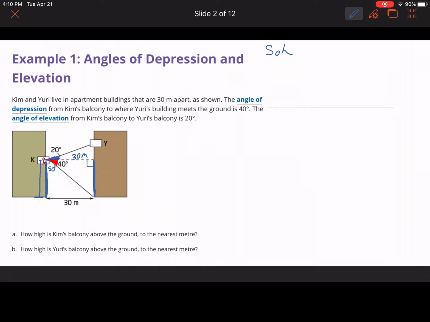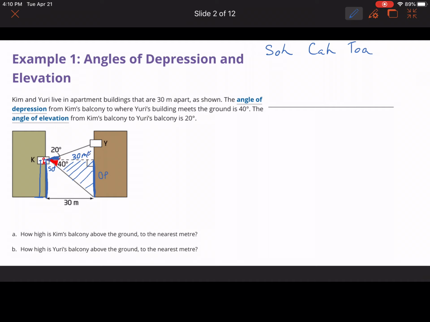So we always start off by writing our SOHCAHTOA at the top. So let's start off with this triangle. Now I'm trying to find something that is opposite my angle, and what I've got is an adjacent 30 meters to my angle.